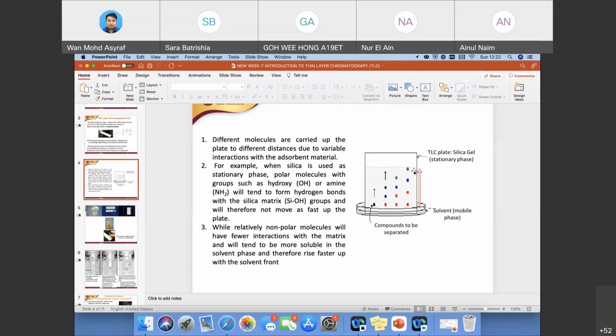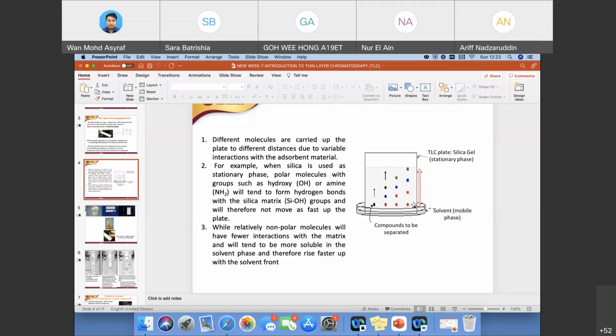Which is the most polar compound? Green? Really? Pink, right, the one at the very bottom. The color at the bottom is the pink color. Let's go with pink. So the pink color is the most polar compound here because it has a very high interaction with the silica gel, which is the polar stationary phase.